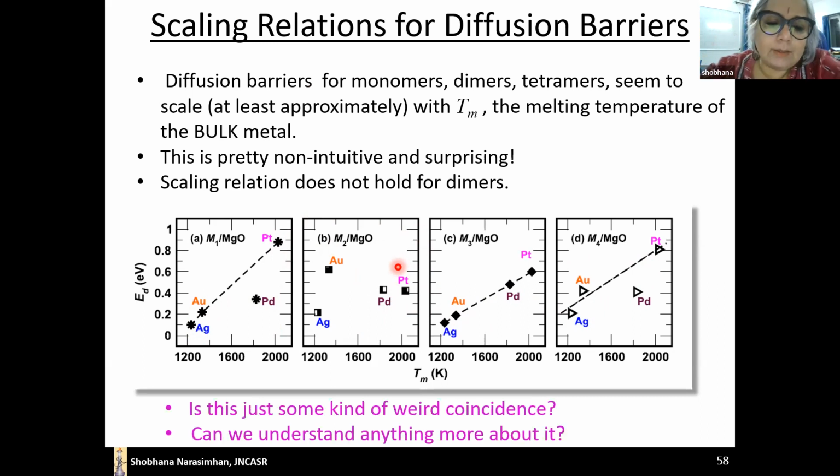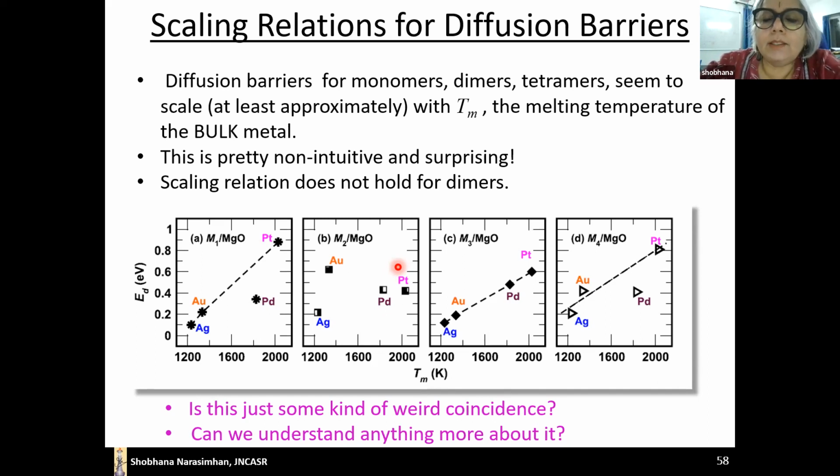So when we got this result, it wasn't clear to us whether this was just some sort of weird coincidence, or can we understand anything more about it? So we showed these results to various people who work in the field, and most of them said, I don't understand this. This has to be a coincidence. This can't be right.